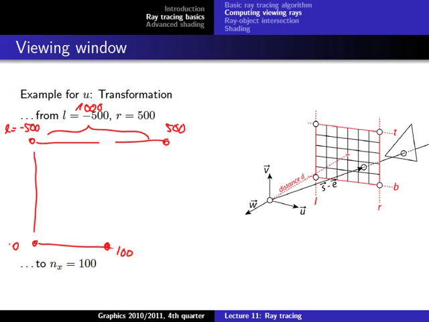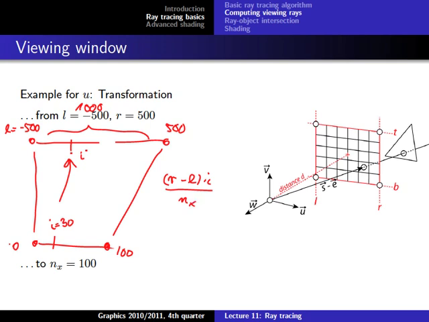Now, if that would be from 0 to 1000, then we want to know, if we have for example a point at i is 30, where does this point end up here, i dash. If it would be from 0 to 1000, then it would of course be easy. It would be 300, because we would calculate it with R minus L times i divided by nx.